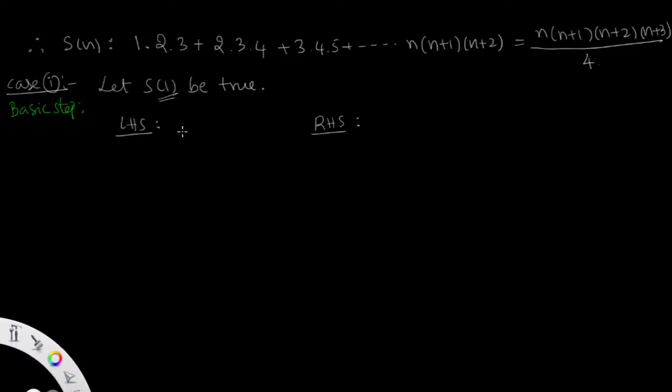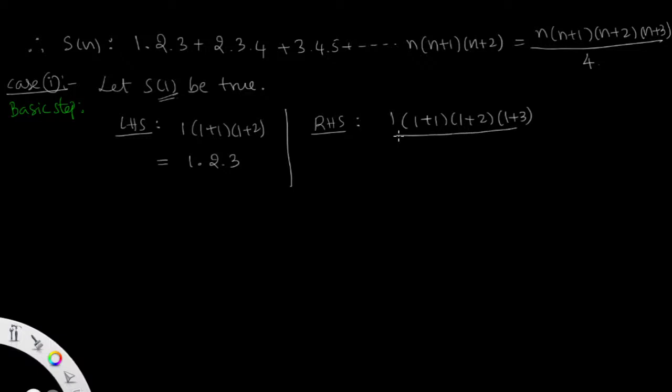n equal to 1 means 1 into 1 plus 1 into 1 plus 2, which is equal to 1 into 2 into 3. Similarly, RHS: substitute the value, 1 into 1 plus 1 into 1 plus 2 into 1 plus 3 divided by 4, which means 1 into 2 into 3 into 4 divided by 4.